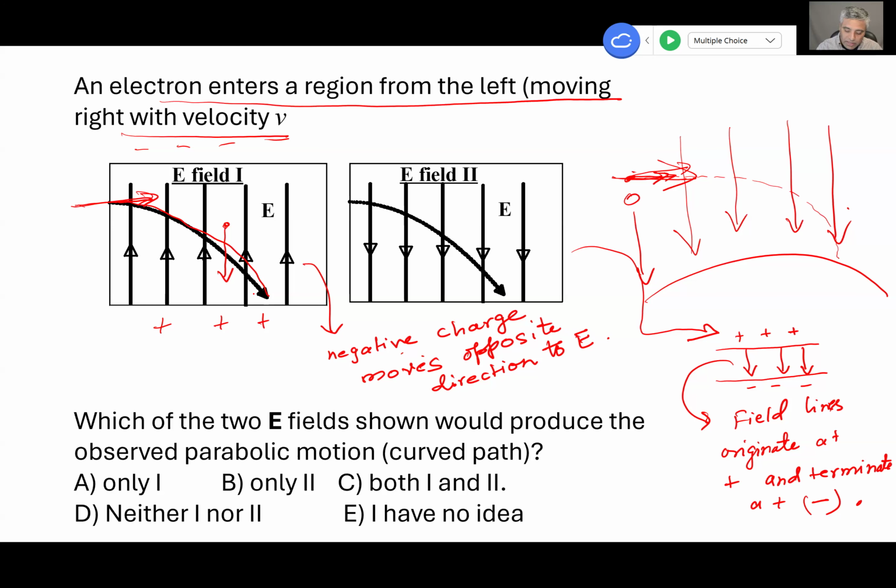If this was a positive charge, then that would be correct, but this question is about an electron, meaning a negative charge, so that's why this is the correct answer.